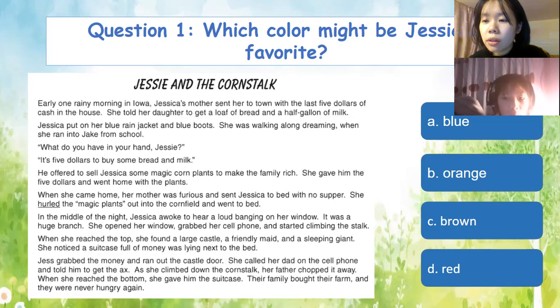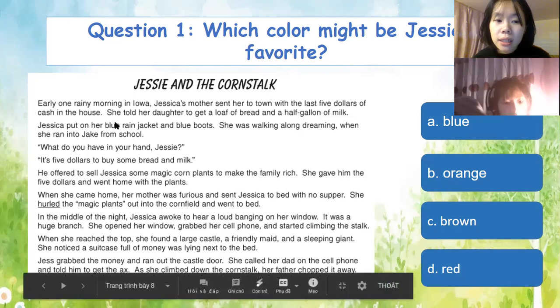Can you find the answer? What words do you find? What word are you finding? Con đang tìm từ gì? Con đang tìm kiếm thông tin gì? Về màu đúng không? Con đang tìm từ nào đó nói đến màu. Tìm thấy chưa? Blue.